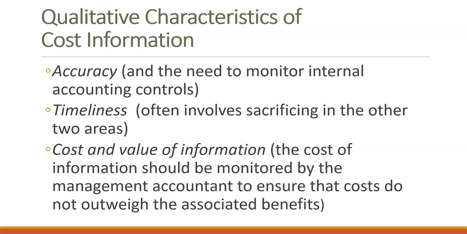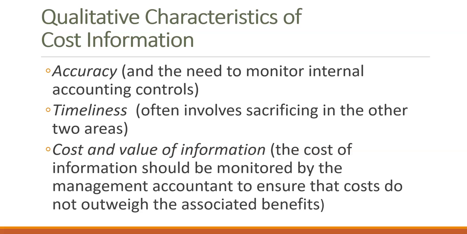And then we have the cost and value of information. The cost of information should be monitored by the management accountant to ensure that costs do not outweigh the associated benefits. This is one of the main things that we talk about in cost accounting: the cost of recording and finding the information should not be more than the benefit of knowing that cost.